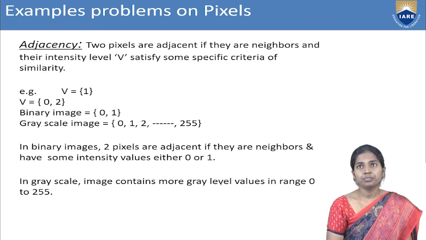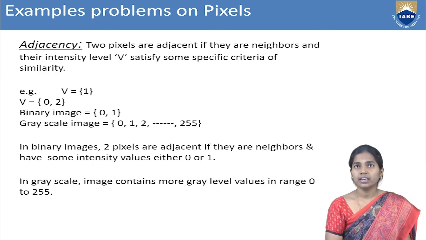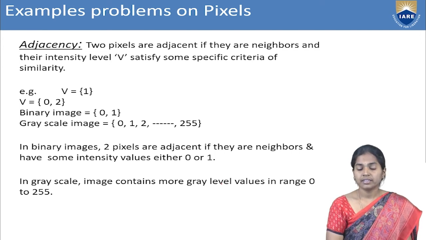And adjacency: 2 pixels are adjacent if they are neighbors and their intensity levels V satisfy some specific criteria of similarity.